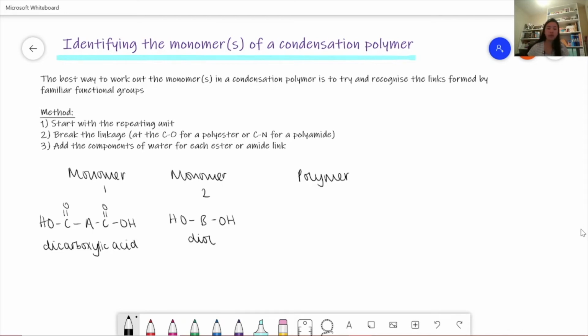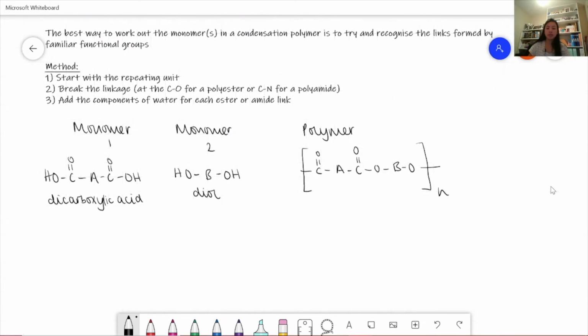Then what we would form would be this polymer. We'd have carbon with a double bond O, and then A, carbon with a double bond O, and then O, B, and O. So this is the polymer we would form with these two monomers. This is the kind of table that we would form.